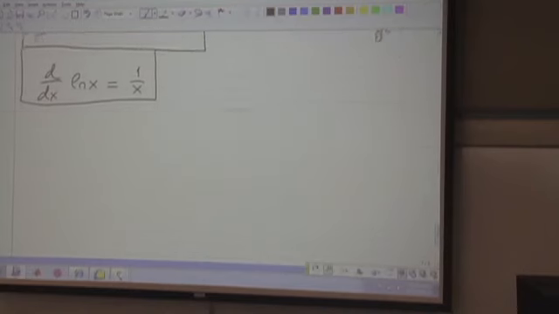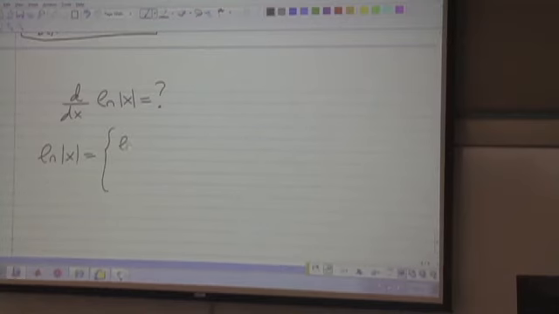For motives that are going to become apparent close to the end of the semester, what would you guess the derivative of ln of the absolute value of x to be? So let's look at the definition of ln of absolute value of x.